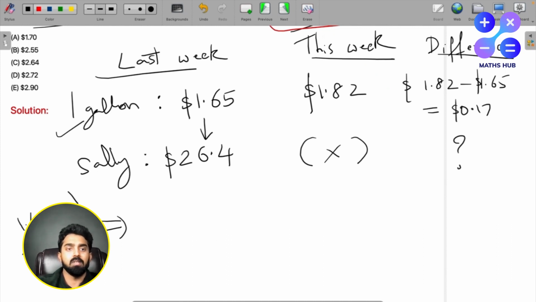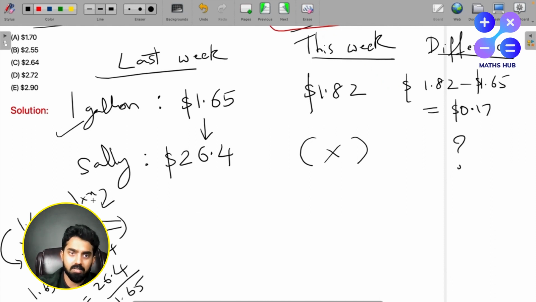Let's say it is X. To convert 1.65 into 26.4, you need to multiply it by some number, and that number is X. So 1.65 into X is equal to 26.4, so X would be 26.4 divided by 1.65. 1 into X is X, and this is also multiplied by X.